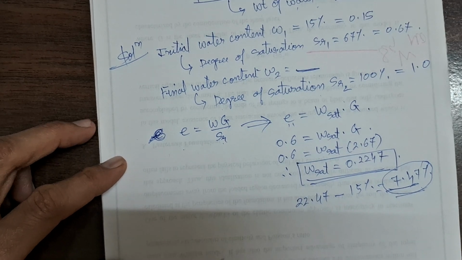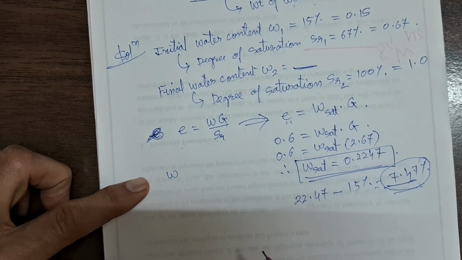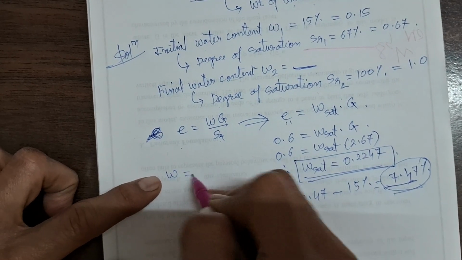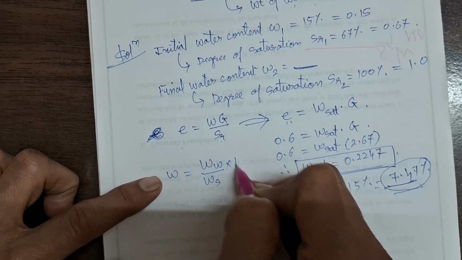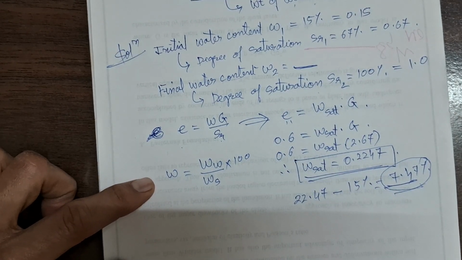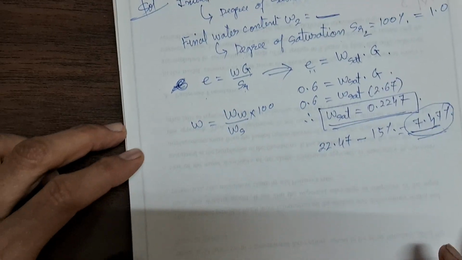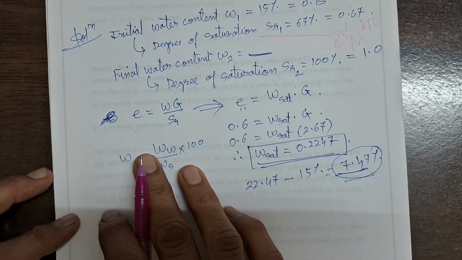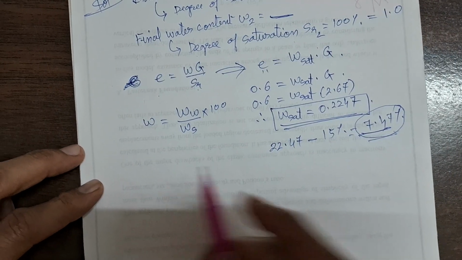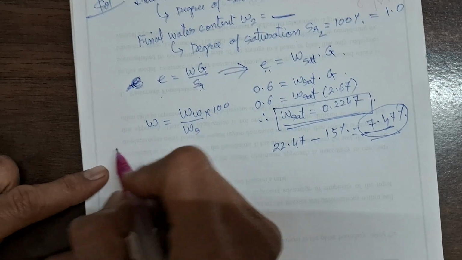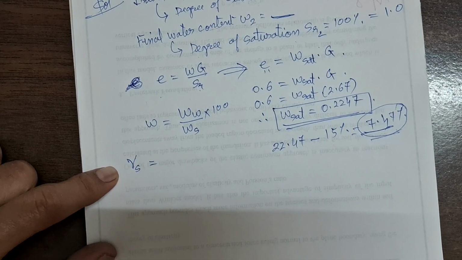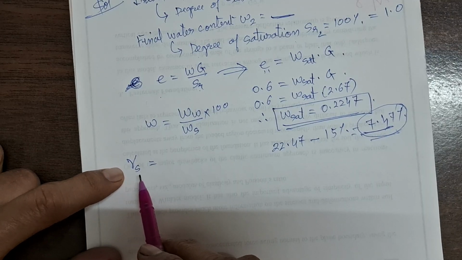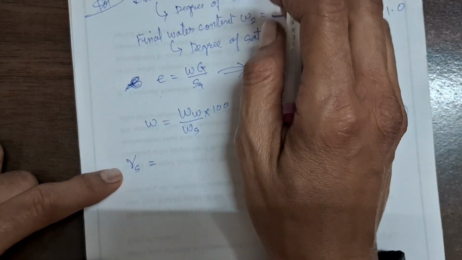So we know the formula of water content: W is equal to weight of water upon weight of solid. But prior to this, we should know gamma S, the unit weight of soil solids, because we are given G_s.